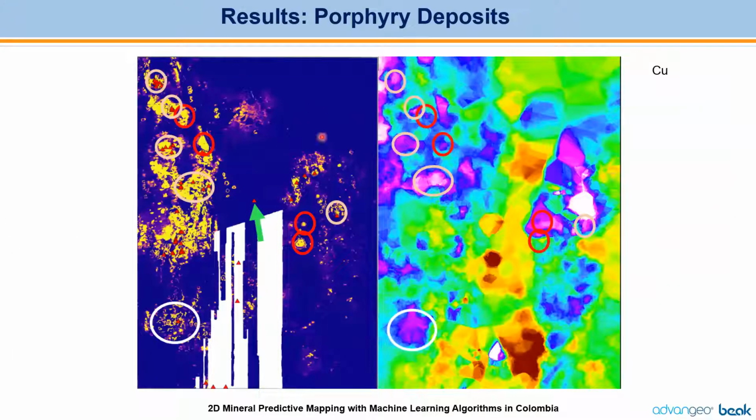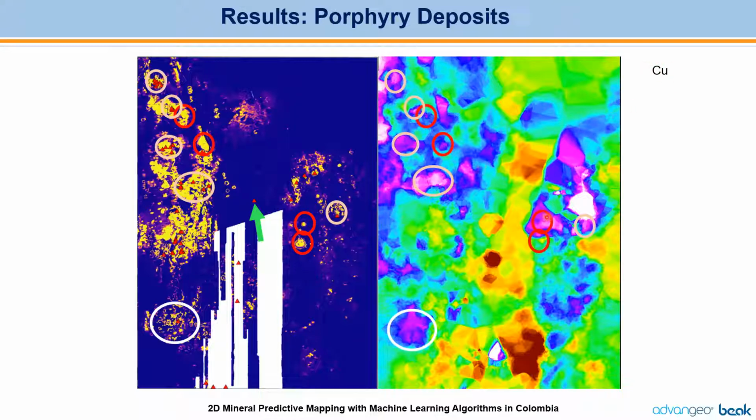As I was telling you, we made a further validation with the geochemistry to understand if what we were trying to analyze was linked to the anomalies that we were finding with the geochemistry. So for example, for the porphyry deposits, this was analyzed with the copper.